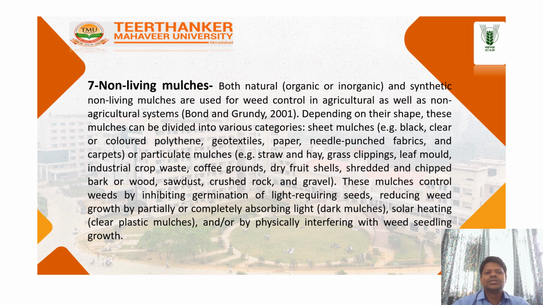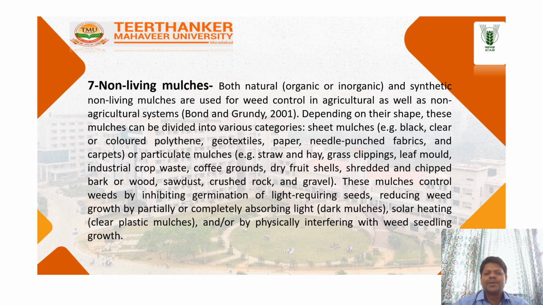Non-living mulch, both natural organic and inorganic synthetic, is used for weed control in agriculture as well as non-agriculture systems. Depending on their shape, these mulches can be divided into various categories.